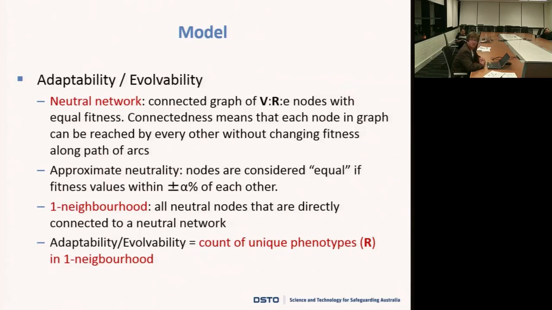And connectedness in this definition means that every node in your graph can be reached through a path along which your fitness does not change. So this is called a neutral network.